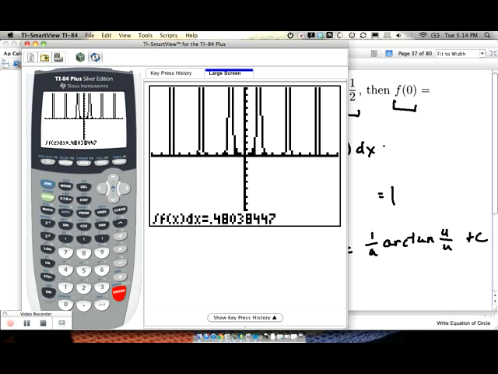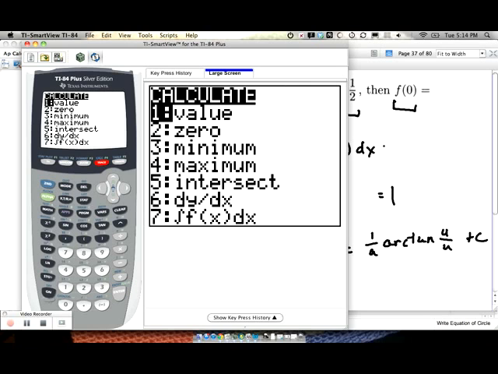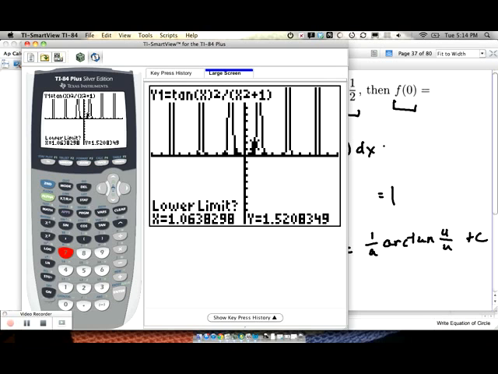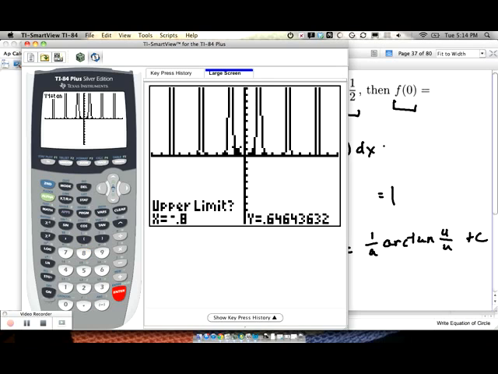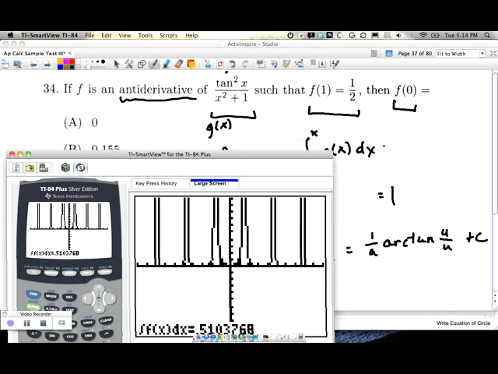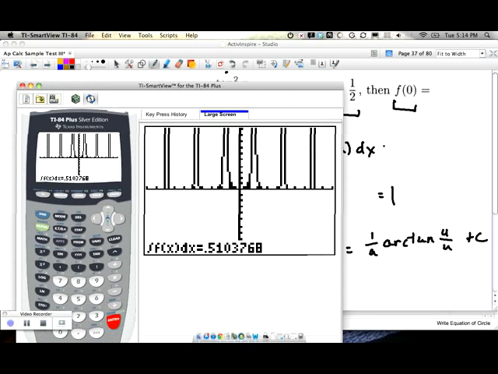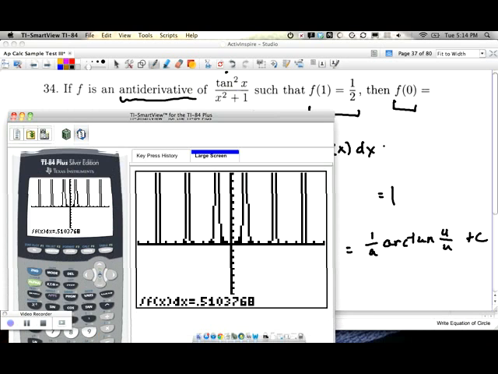So I need to go a little bit further. Then I'm going to do second, calculate, from -0.8 to 1. That gives me about 0.51. That's probably pretty close there. So if I integrate from -0.8 to 1, then I get that.